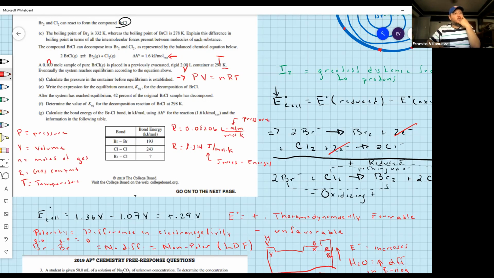Of the two constants, which one do you think we're going to use for this particular equation? The pressure one, correct. If we need to solve for pressure, and our formula says pressure times volume is equal to moles times the gas constant times temperature, how do I solve for pressure?